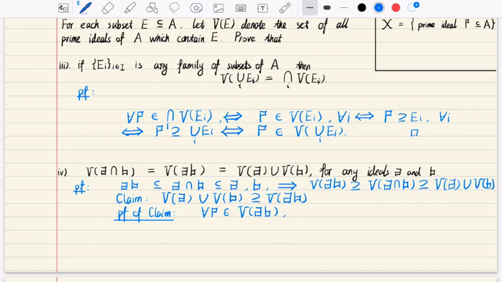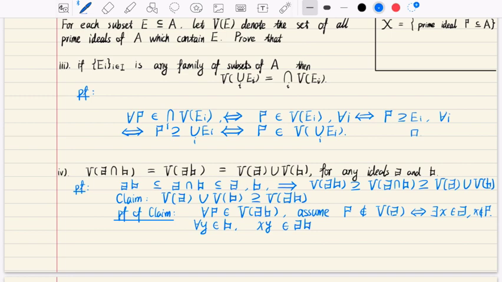Let's just assume, without loss of generality, that P does not belong to V of A, which means that there exists at least one element x of the ideal A that does not belong to P. And then you can see for any element y of the ideal B, xy, the product, belongs to the product of the ideals.